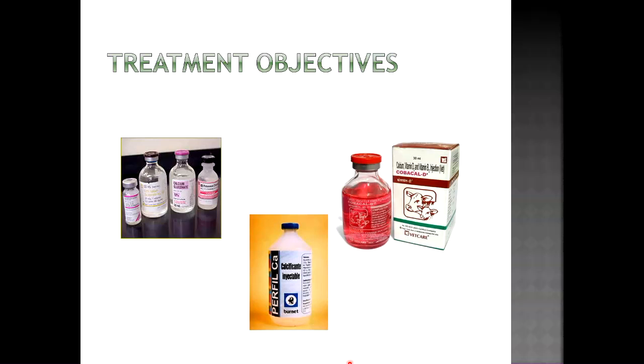All right, so what are our treatment objectives? This is the same thing that we always talk about. If you don't make enough of something, what are you going to do? Supplement it. So you're just going to pour a ton of calcium in them? Well, probably in a cow you can do that, right? I think I remember standing out there with these big bottles that you held up.